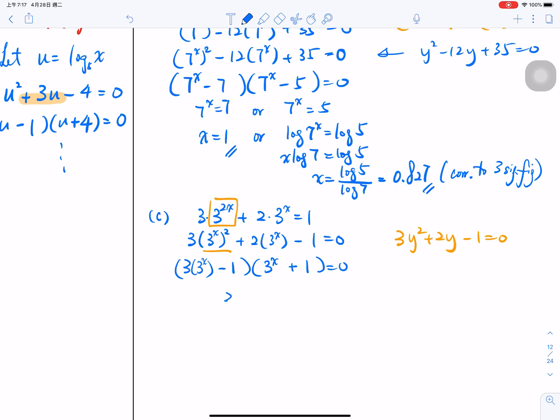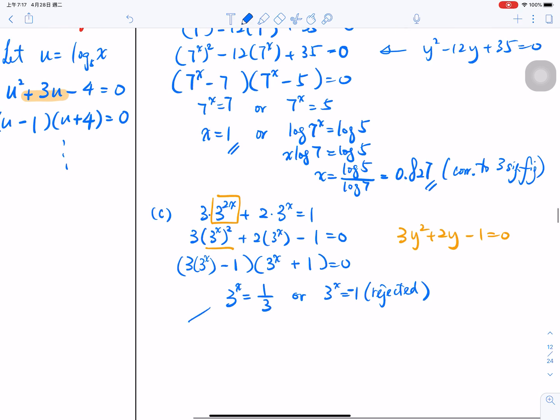So 3 to the power x equals 1 over 3, or 3 to the power x equals negative 1. Again a negative value, so this is rejected. How about the other? Simple: 3 to the power x equals 3 to the power negative 1. So x equals negative 1. Great.